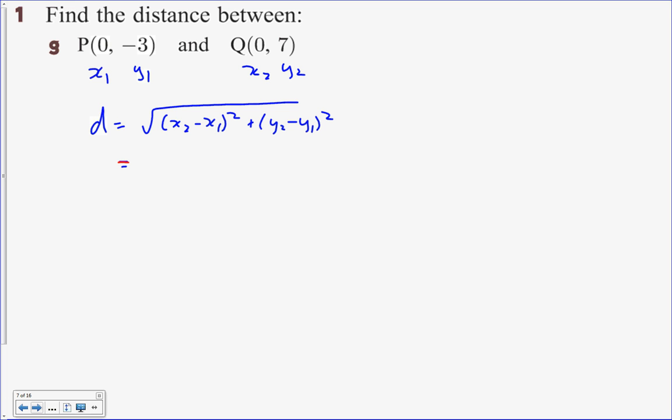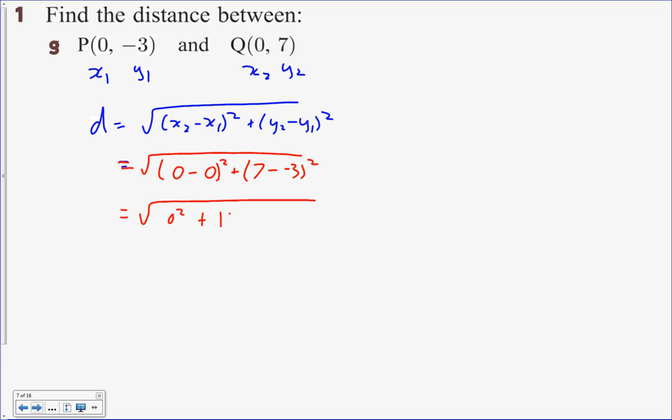So now we're going to have square root 0 take 0 squared plus 7 take -3 all squared equals 0 squared plus 7 plus 3, so it's going to give us 10 squared. So it's going to be square root of 100, so it's going to be 10 units. Interesting one about this section here, both our x values are 0.